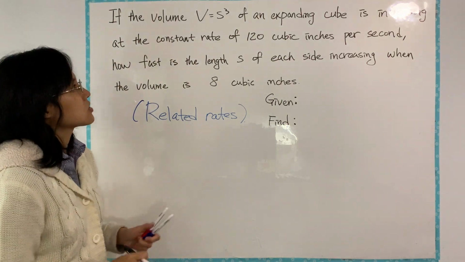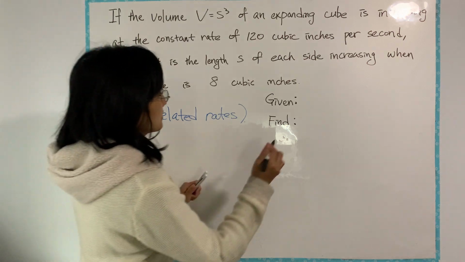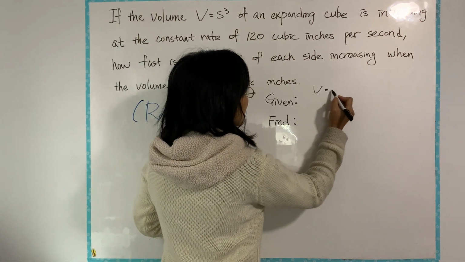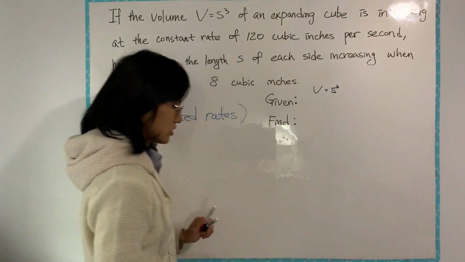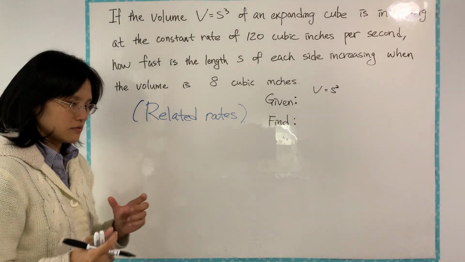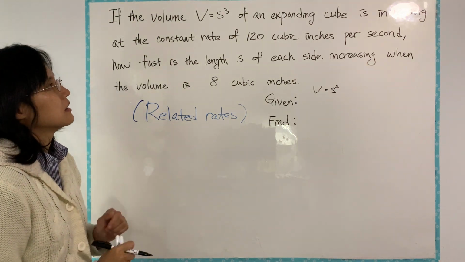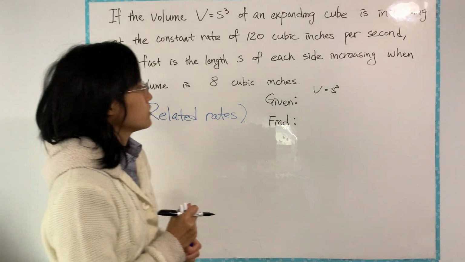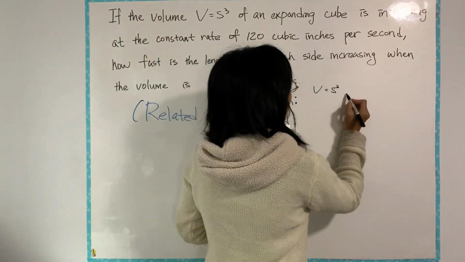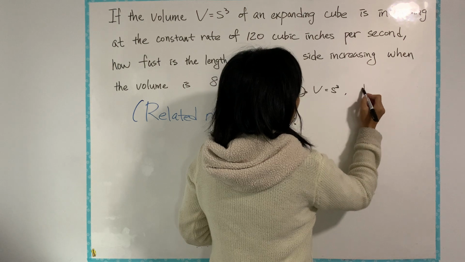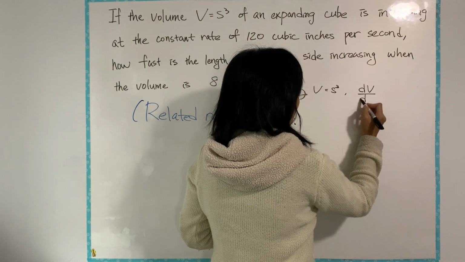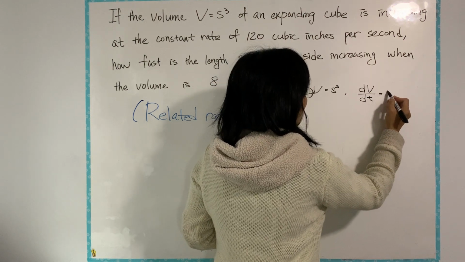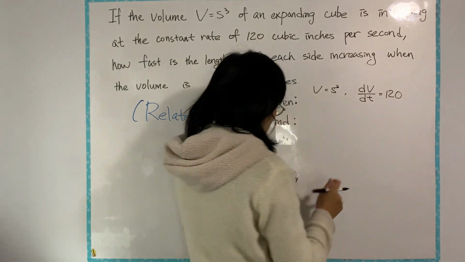First of all, you're given an equation, V equals S cubed. This is the equation for finding the volume of a cube. And you know that dV/dt is equal to the constant 120.